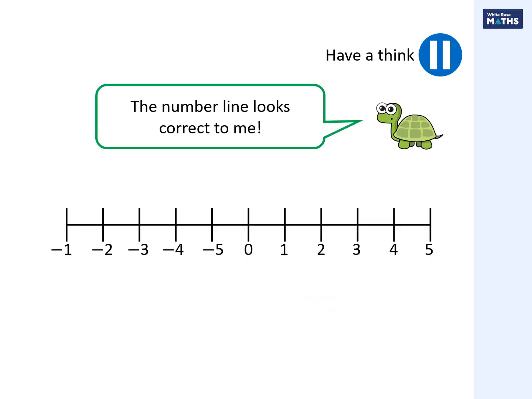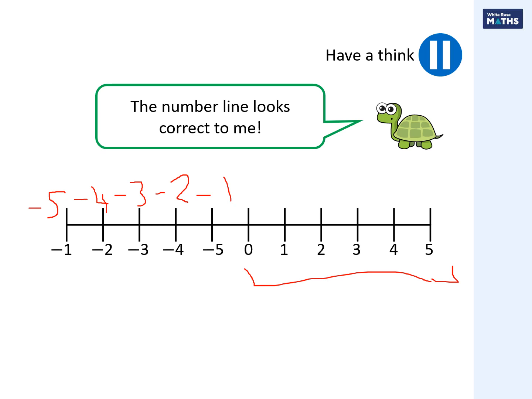So does the number line look correct to me? Is this true or false? Let's look here. This part is true: 0, 1, 2, 3, 4, 5. That's right. This bit is wrong. It should be minus 1, then minus 2, then minus 3, then minus 4, then minus 5. Another misconception that students make is they think that minus 5 is bigger than minus 1. It's not.